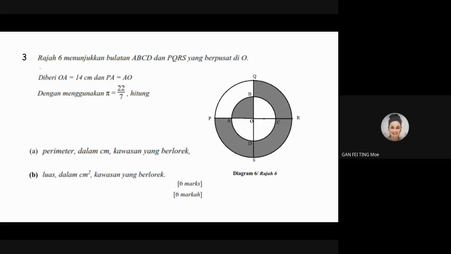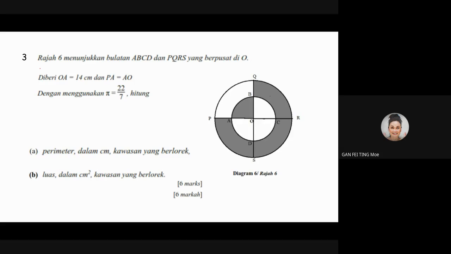Diagram 6 shows a circle of A, B, C, D, and P, Q, R, S, one small circle and one big circle with a center of O. Given OA is 14, the small radius is 14, and PA is equal to AO, meaning that OP is double of OA.